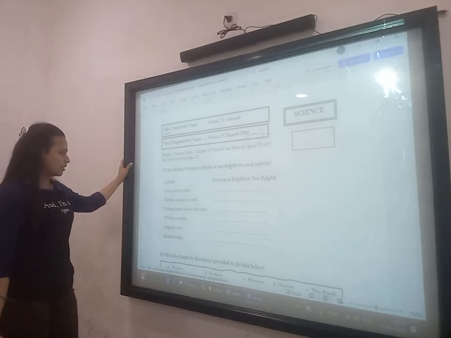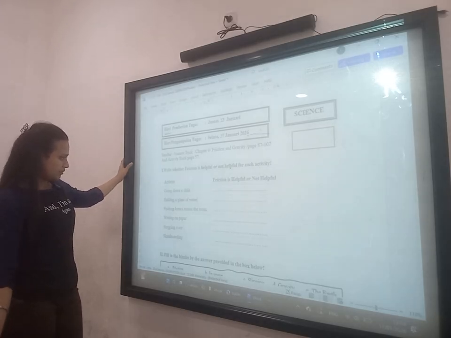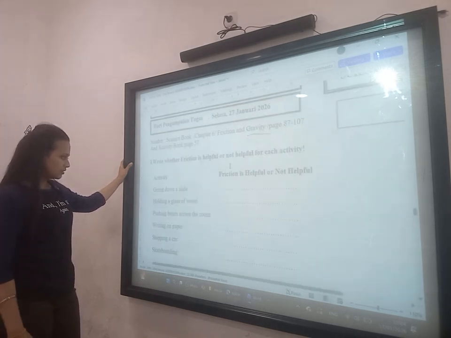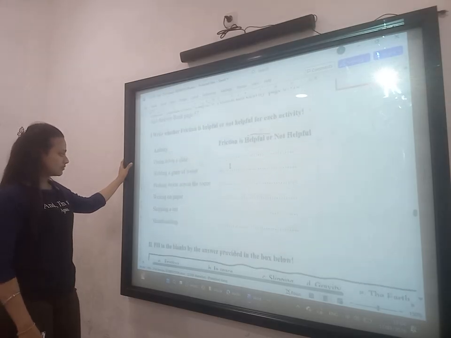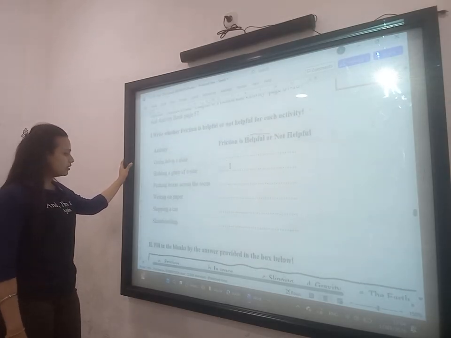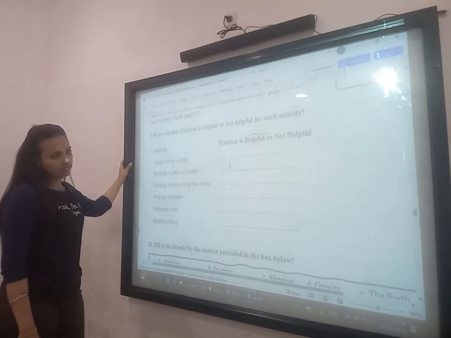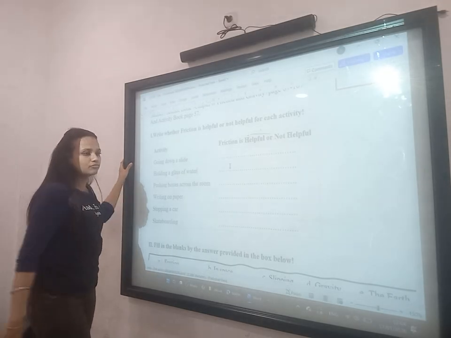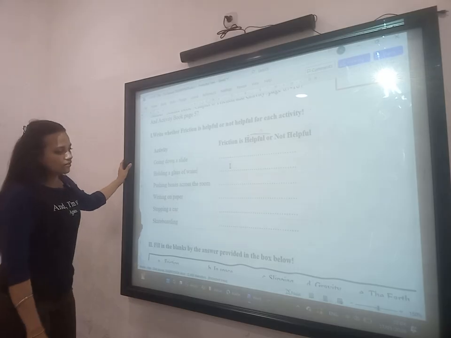Pushing balls across the roof, it is not helpful. Writing on paper, it is helpful. Stopping a car, helpful. Skateboarding, it is not helpful because friction slows down the movement.